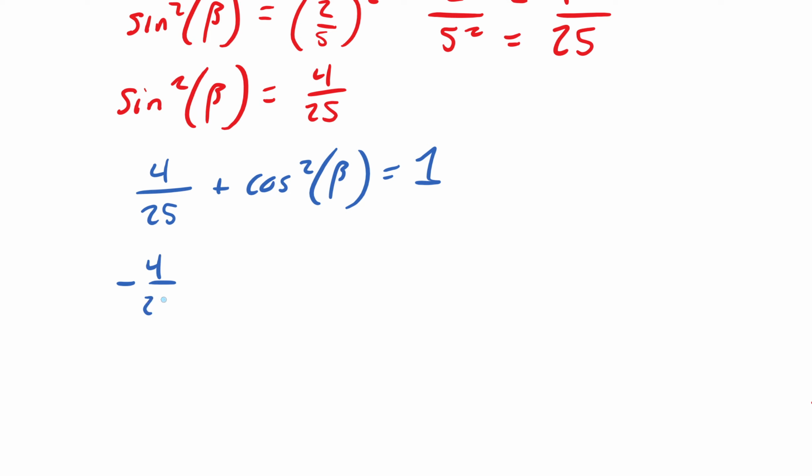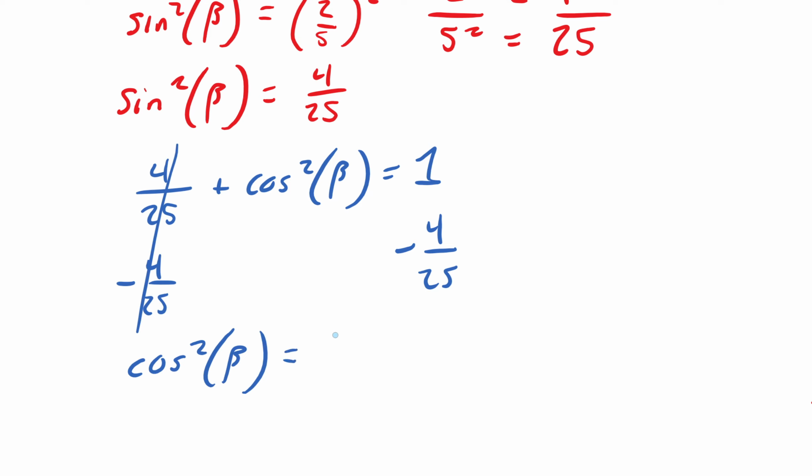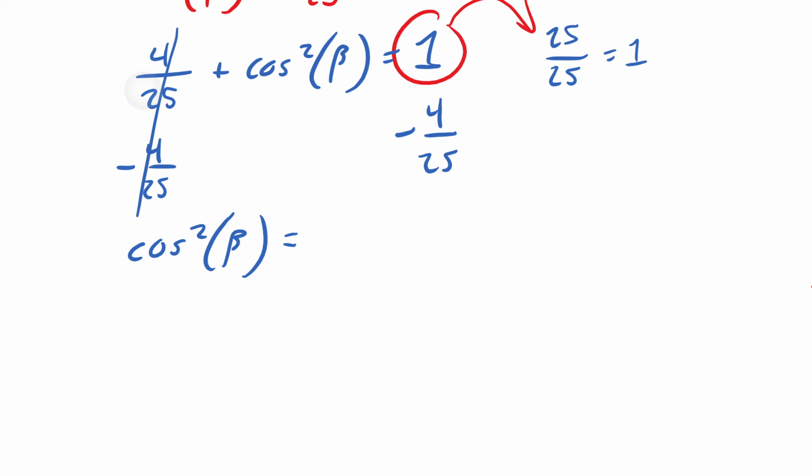Let's do some subtraction here. 4 over 25 minus 4 over 25 is 0 on the side. Boom. And we're doing this so we can isolate this cosine. So I'll put here cosine of beta squared now equals 1, which we remember can easily be written as a fraction, we'll say 25 over 25, which equals 1, just because we're doing arithmetic with another number that's over 25.